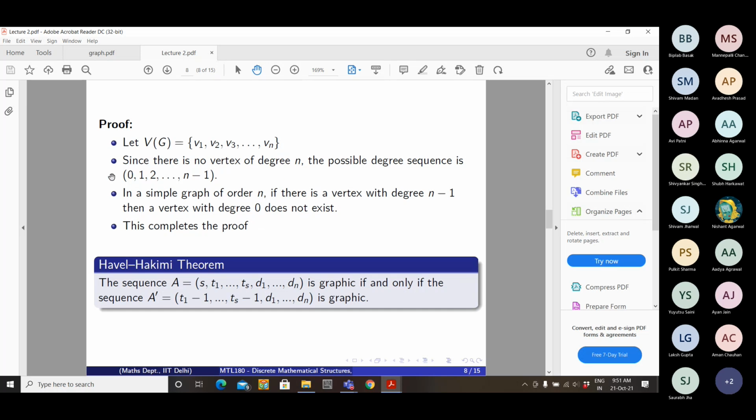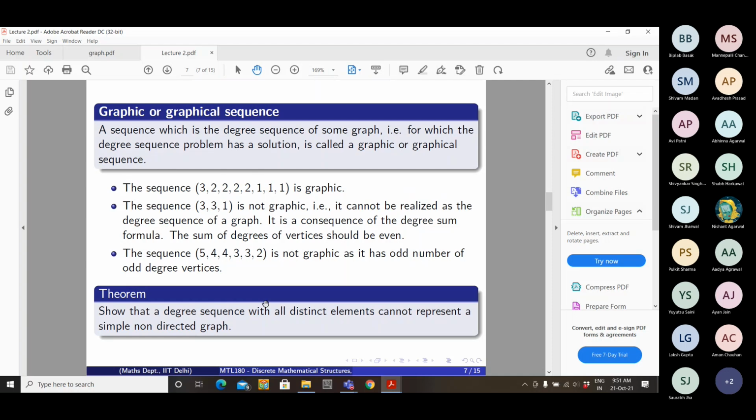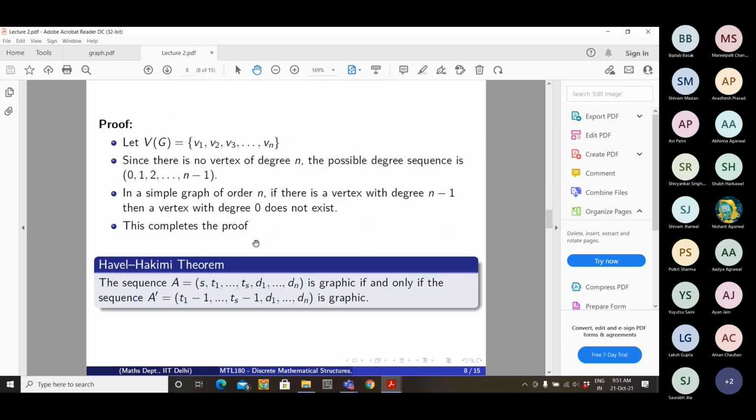So this degree sequence is also not possible, and this proves our result. Means that in a simple and non-directed graph, there cannot be a degree sequence with all distinct elements. Okay, is it clear?